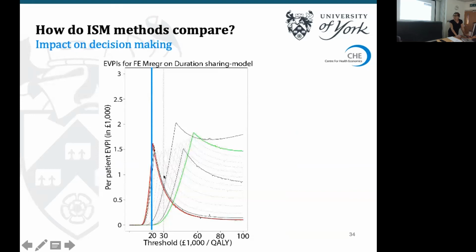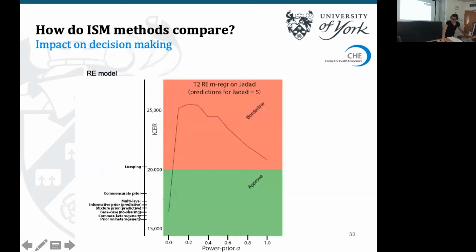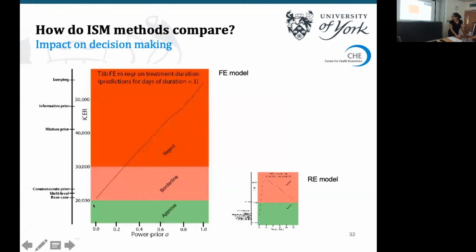So value of information. What this gives you is the value of conducting further research in pounds, basically, which could be in health as well. So this is the kind of health or money lost on average from the potential consequences of a wrong decision. And what you can see is that the value is higher for the splitting model, that's fixed effects, because it was borderline, if you remember.